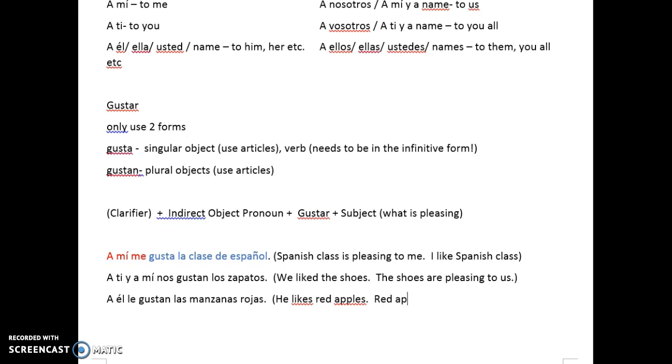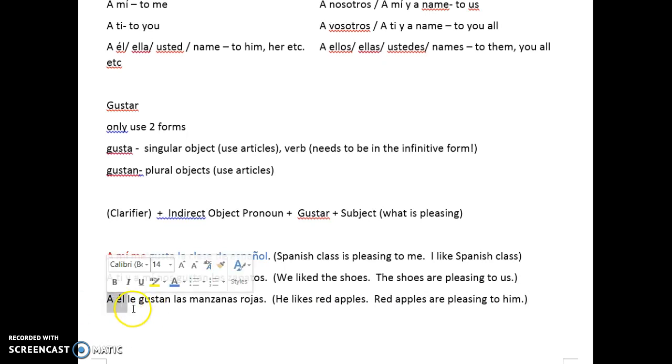Or red apples are pleasing to him. So remember, even though él is singular, we show that he is just one person with le. Gustan, the verb, is agreeing with las manzanas. And that is how we're going to conjugate and use the verb gustar correctly.